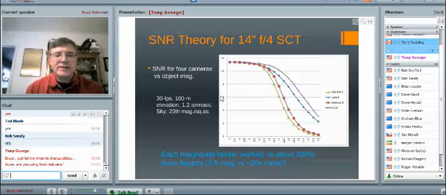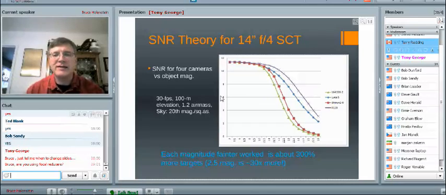Okay, so this next slide is of the signal-to-noise ratio theory for a 14-inch SCT, and when generating this graph I was trying to model Steve Conard's observatory. The graph along the x-axis shows the apparent brightness of the program object, and along the y-axis the signal-to-noise ratio.